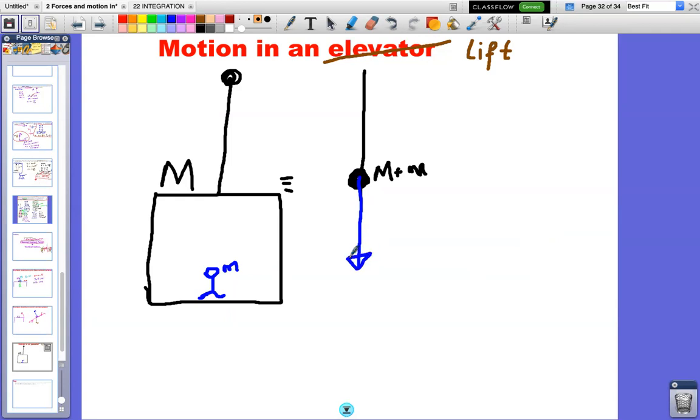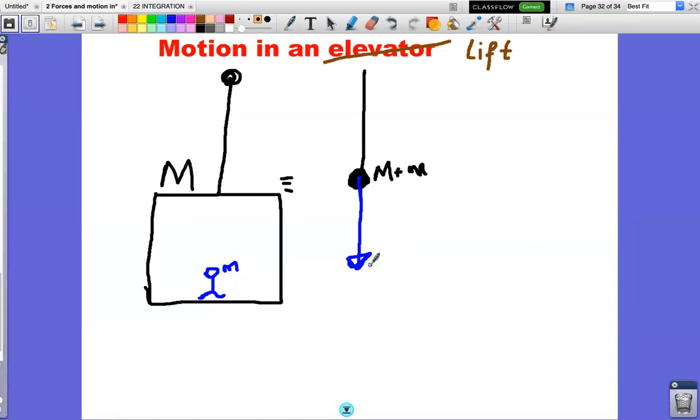What is the magnitude of the weight of the whole system?